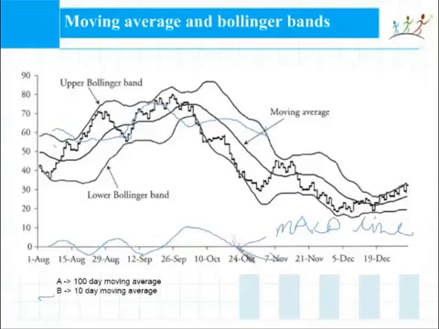Now there is another line called the signal line. The signal line is the moving average of the MACD line. So of the MACD line, if I construct a moving average, now this is a regular moving average, then this line will be called the signal line.